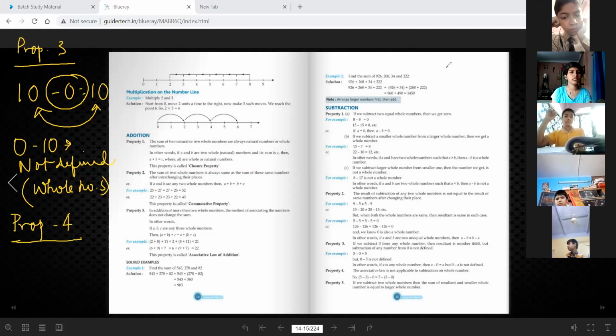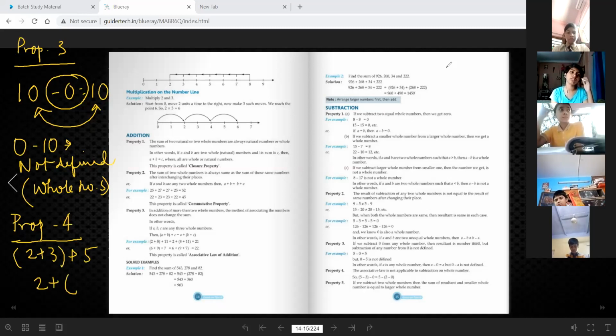Here you can see that addition's associative law was like that. If we are adding 2 plus 3 plus 5, it will be 10. The order is not mandatory. This was associative law and it was true for addition, right? But it is not true for subtraction.